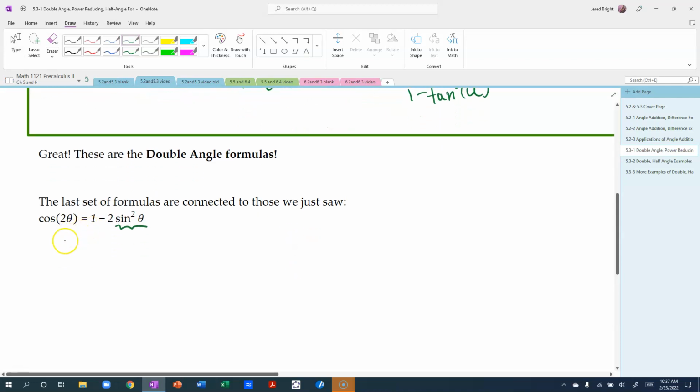I'd subtract 1, so I had cosine 2 theta minus 1 is equal to negative 2 sine squared theta, and then divide by negative 2. That switches the order. I get 1 minus cosine of 2 theta all over 2, and that would equal sine squared of theta.